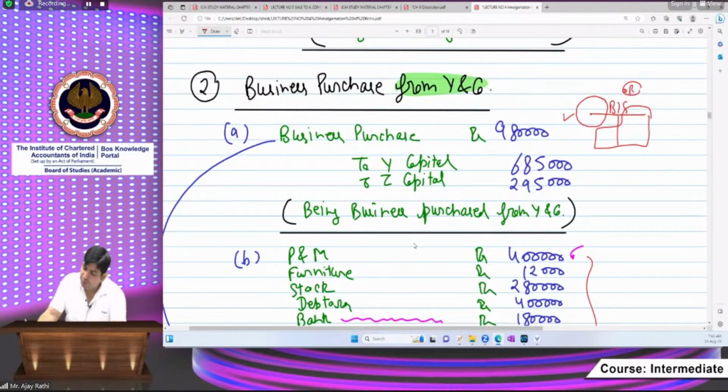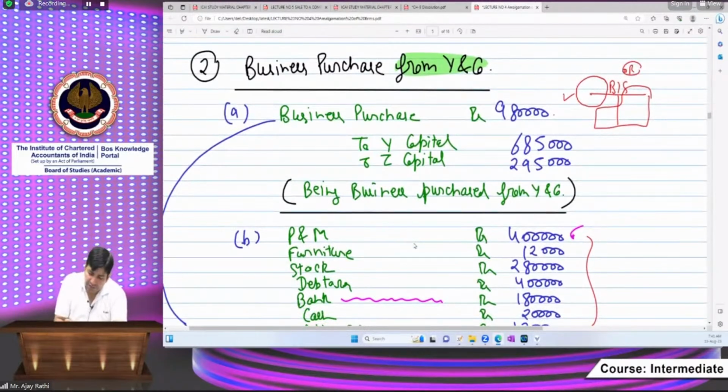Now you are opening this balance sheet in the next entries. You are opening these balances, that is 9,80,000 in this case.